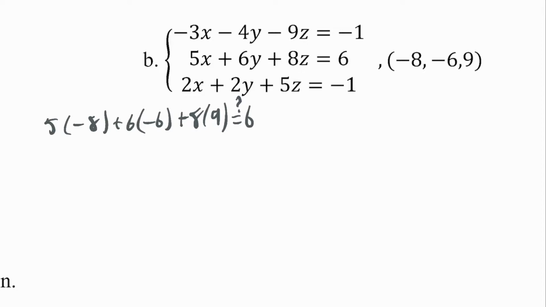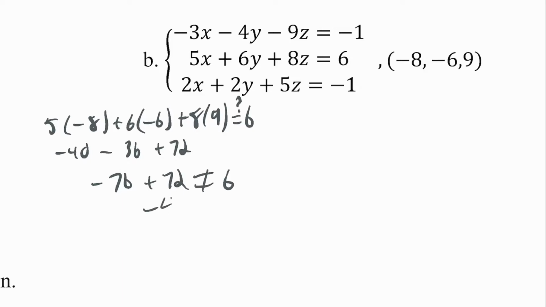Just checking that I wrote it down correctly. I believe I did. So negative 40 minus 36 plus 72. Is this 6? Well, that's negative 76, plus 72. That is not 6. That's negative 4.